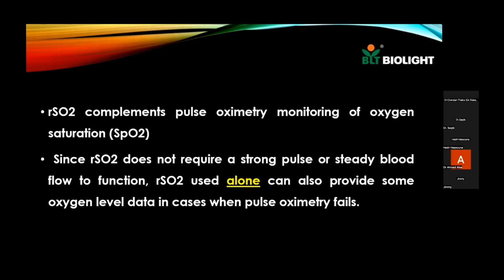But if the extremities are so cold or there is very, very poor perfusion in the periphery, the pulse oximeter cannot read. But at the same time, regional saturation can give us information about the vital organs because it does not depend on the pulsatile blood flow.